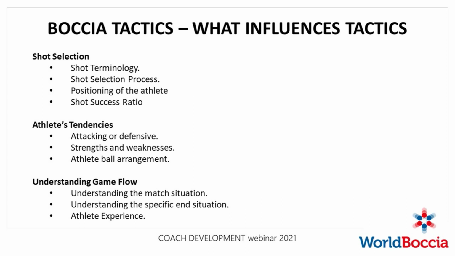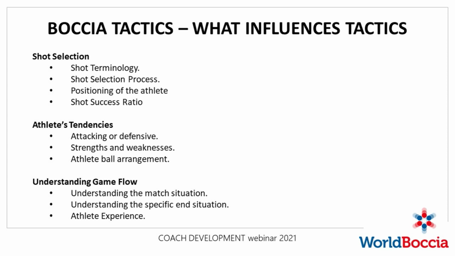We're then going to move on to looking at athlete tendencies. These are tactics specific to an athlete. We're going to look at attacking versus defensive approaches to strategy and tactics, depending on the athlete and their preferences, the strengths and weaknesses of an athlete, and also look at ball arrangement and how this influences tactics.